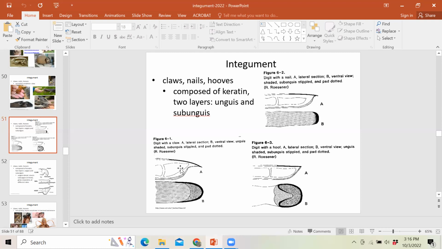Well, wild mammals, of course, don't do that intentionally, but they do it unintentionally by the way they move around in the environment and the way their claws are shaped. They automatically sharpen their claws and wear down the claws throughout the day and throughout the year.